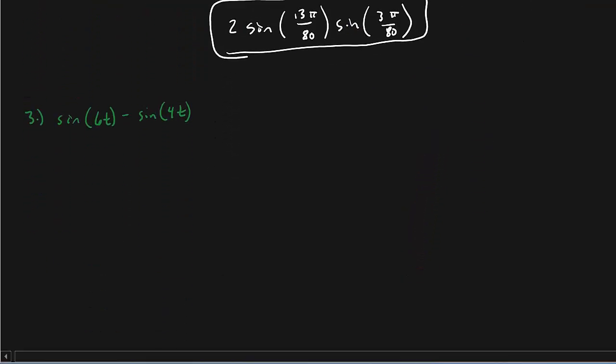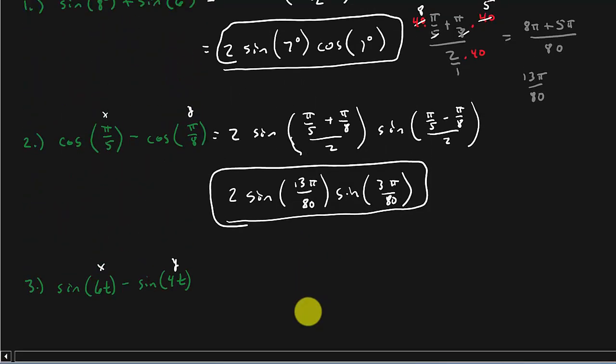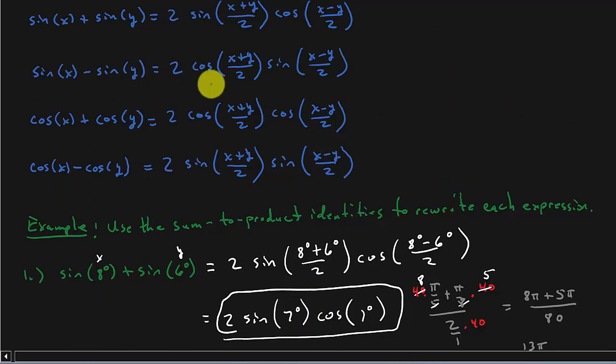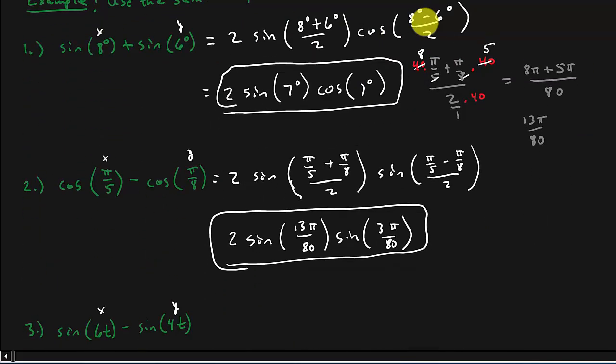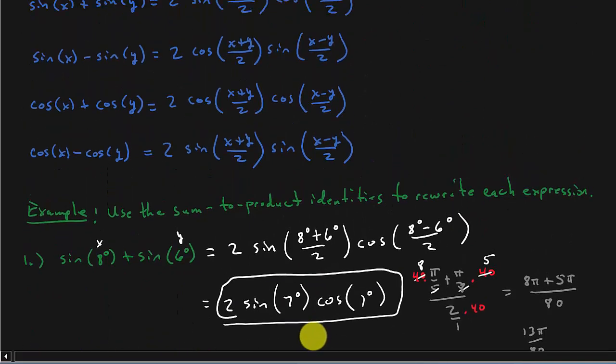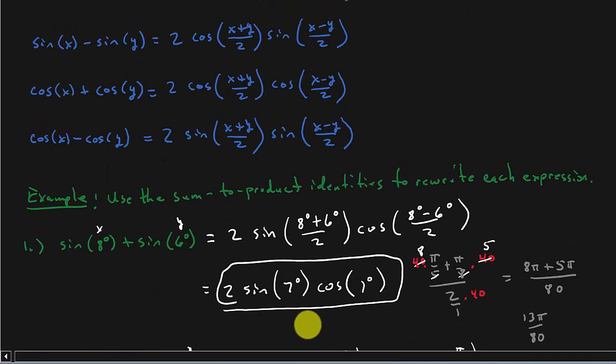All right, so what about this one? Well, this is your x, this is your y. We've got sine x minus sine y. So that's this one. You see that? That's this one. So this is going to give us, and I'm not going to worry about writing the formula down, sine x minus sine y.